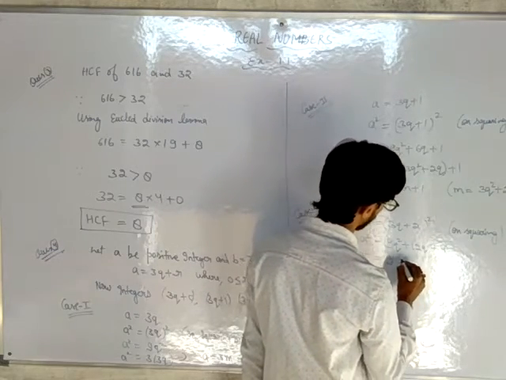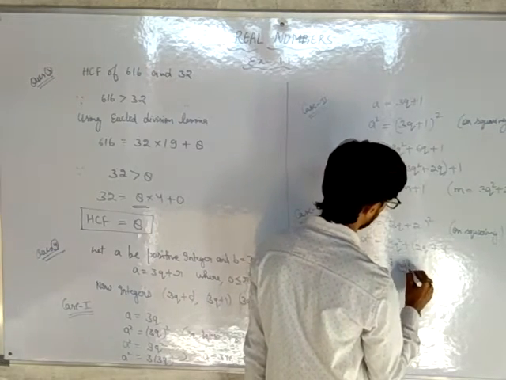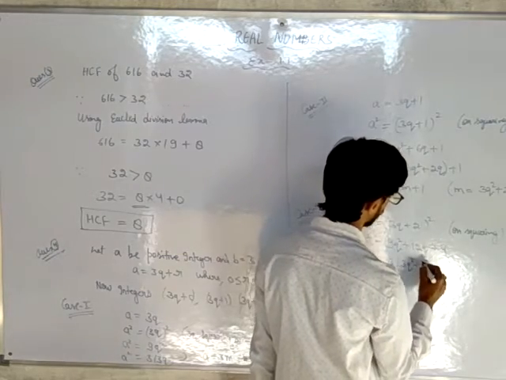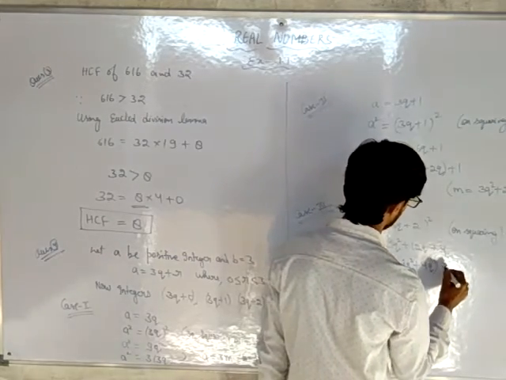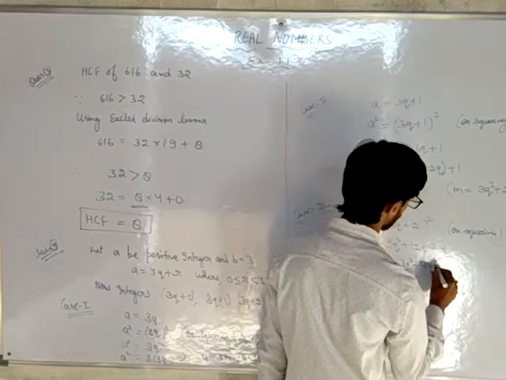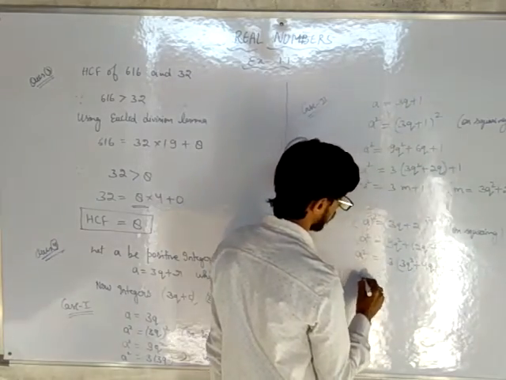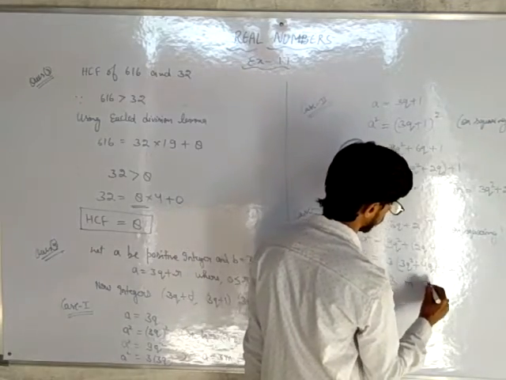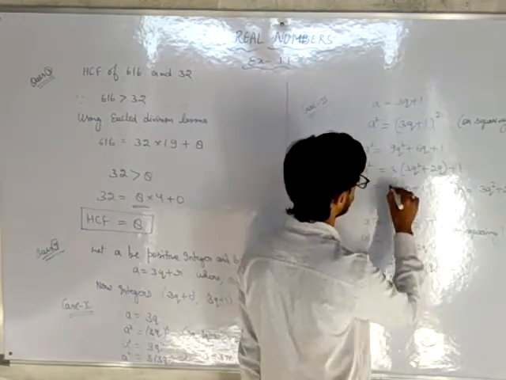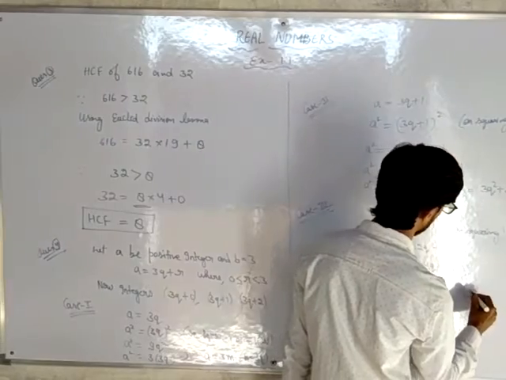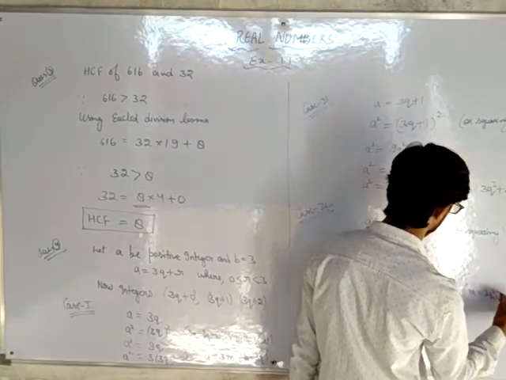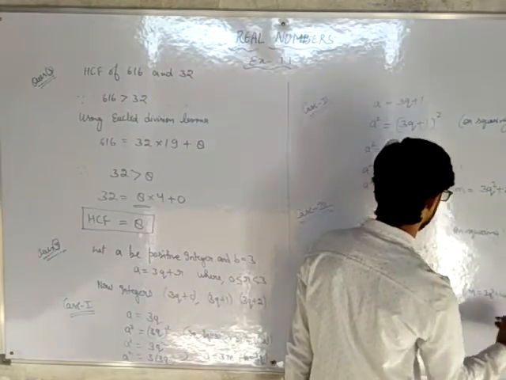So we will take 3 common, inside will be 3q square plus 4q plus 1, and outside also 1. So a square will be 3m plus 1, where m is equal to 3q square plus 4q plus 1.